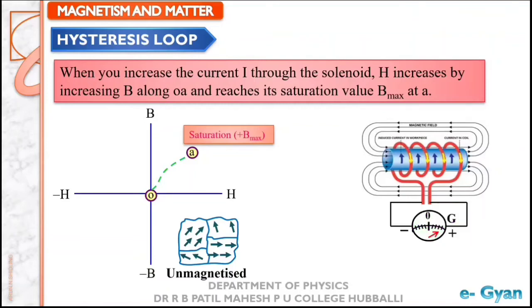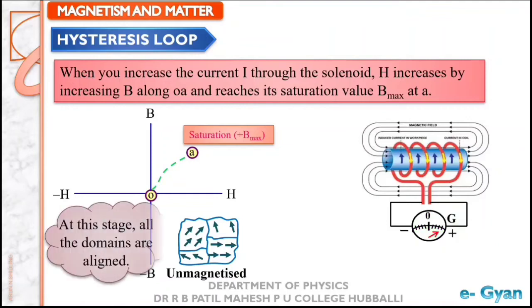The value will increase and reach a point A, where we have the maximum B, that is, maximum magnetic induction inside the material. That means the material has reached a stage where all domains are aligned in the direction of the magnetic intensity.